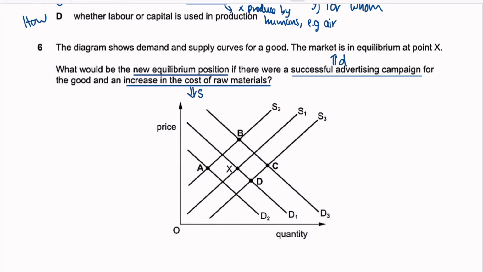Because the cost of production increases, this will discourage the producers from producing the goods. So when there's an increase in demand, there will be a shift rightwards of the demand curve. And when there is a reduction in supply, there will be a leftward shift of the supply curve. What I usually do, I'll circle the new one, and then you'll see which point lies on these two curves. Now we can see it's B.